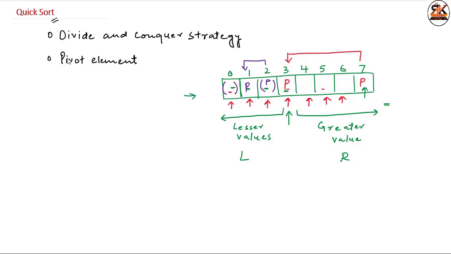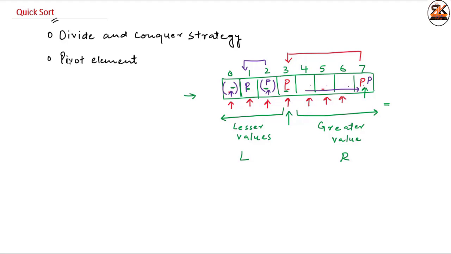In these two sublists, we find that there is a single element at this position and a single element at this position. Similarly, on the right side, from index 4 to 7, we have 4 elements, and again we will choose the pivot element at the last position, that means at index 7.